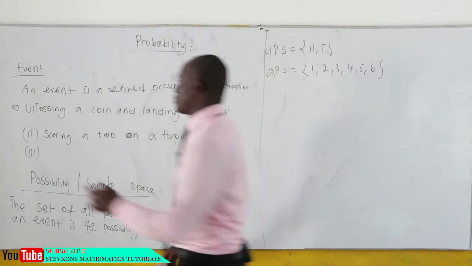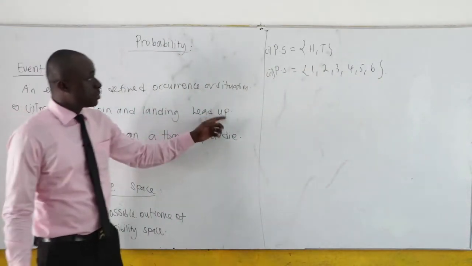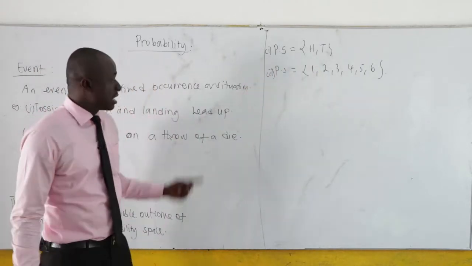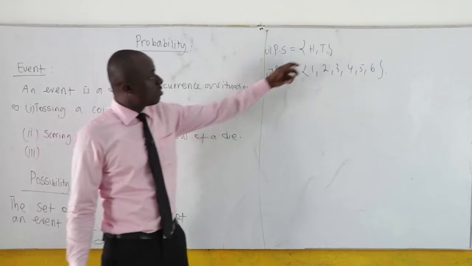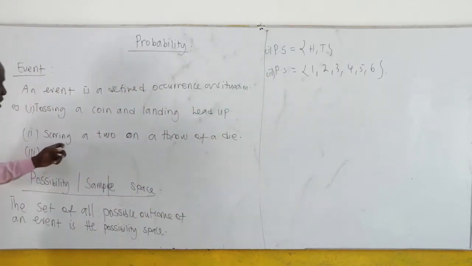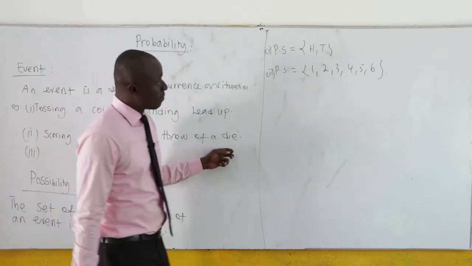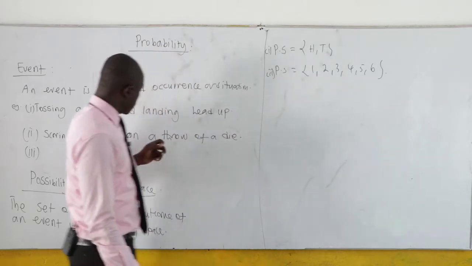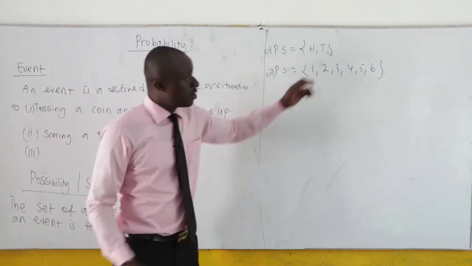Clearly, tossing a coin and the coin landing head up: you can see that this head can also be seen in this set, hence it is a subset of the possibility space. The second one, scoring a 2 on a toss of a die: you can see that 2 is in this set. So clearly, scoring a 2 is a subset of this.